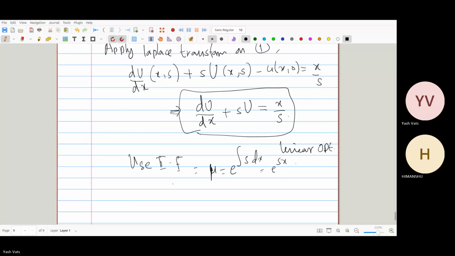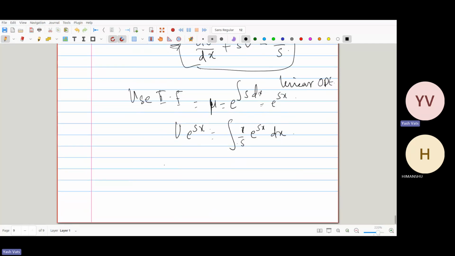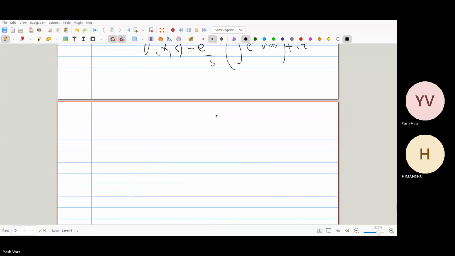Okay. So what is now happening here? You take U times the integrating factor, y times I is equal to the integration of Q times I dx. So the integral of x over s times e to the power sx dx. That's how you find the solution using an integrating factor, right? So ultimately you can end up with this type of solution. And then what do you get at last?